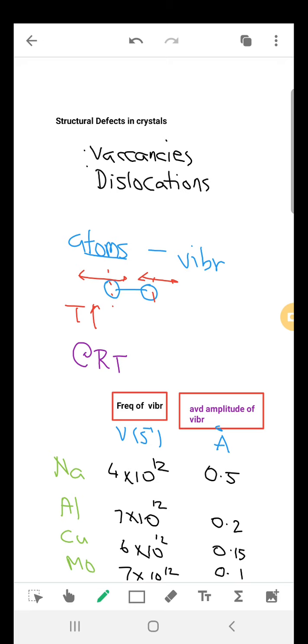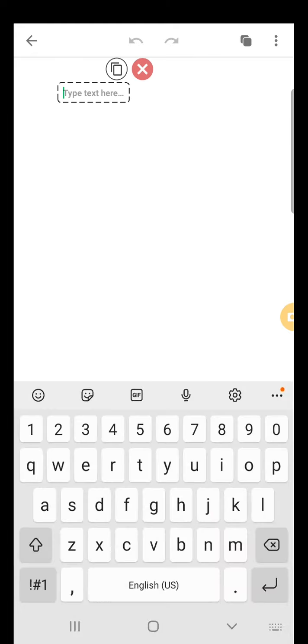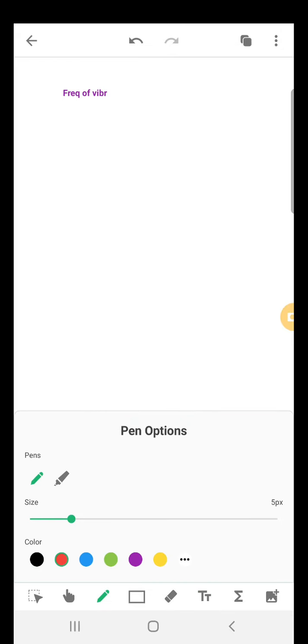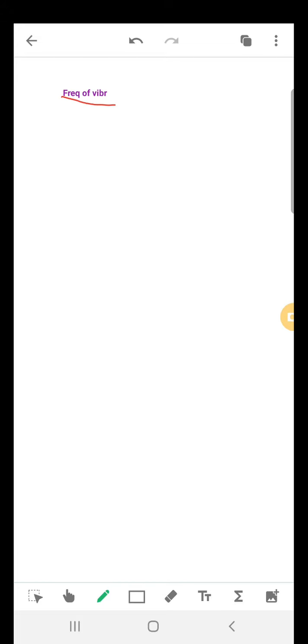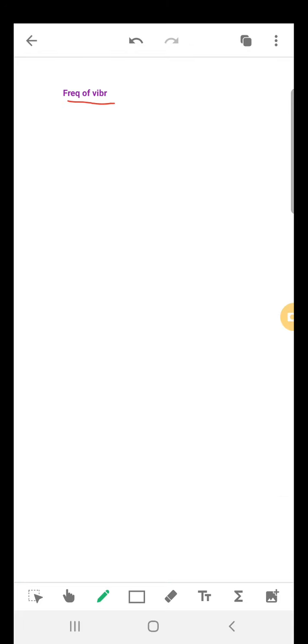Now, it has been observed that the frequency of vibration is actually independent of temperature.